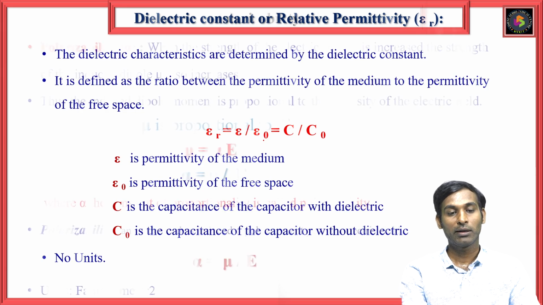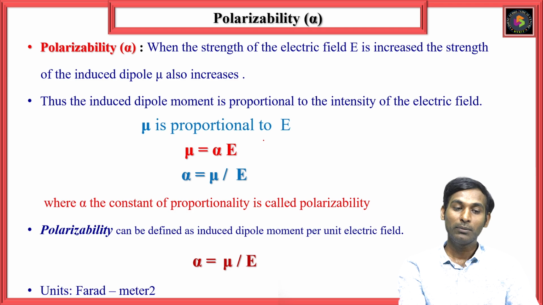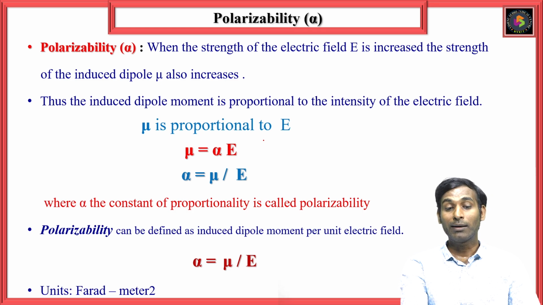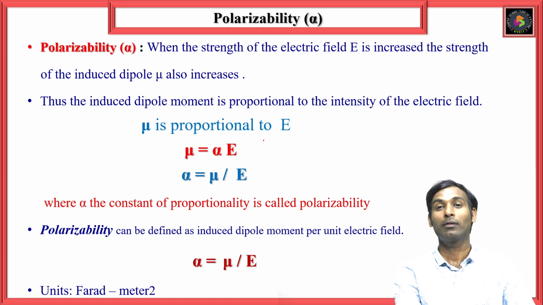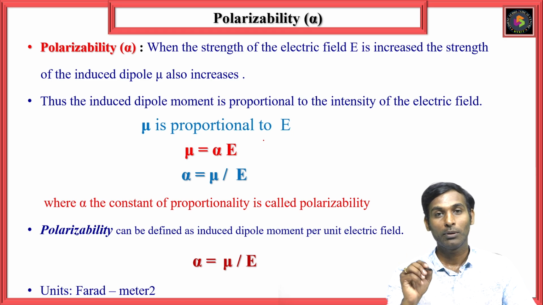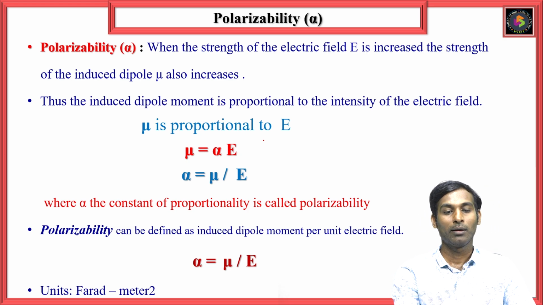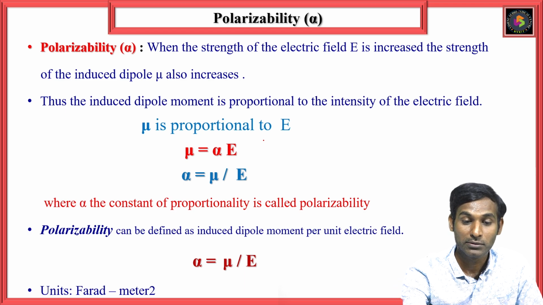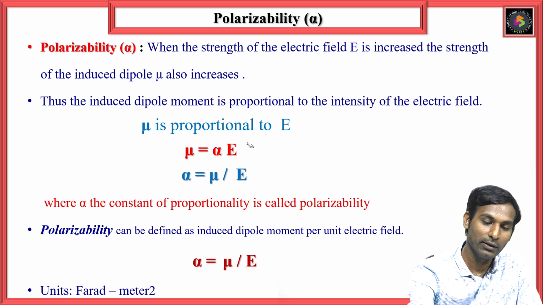Coming to the next slide, what is polarizability? With the help of polarizability, we can calculate the ionic polarizability, electronic polarizability, orientation polarizability and also space charge polarization. Polarizability is denoted by the symbol alpha.